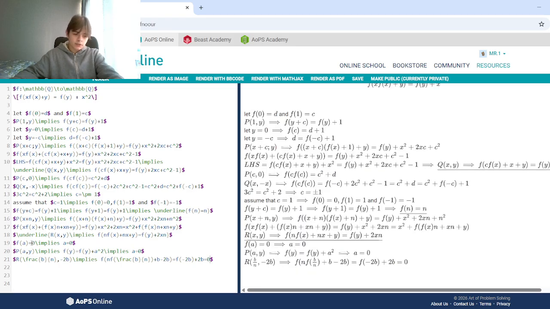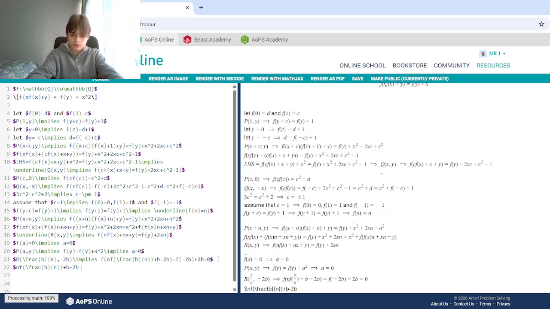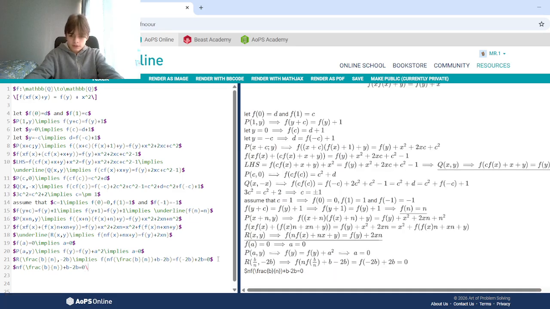And as we proved that if f(a) is equal to 0, then a must be 0, we know that n times f of b over n plus b minus 2b is equal to 0, and this implies that n times f of the fraction b over n is equal to b.